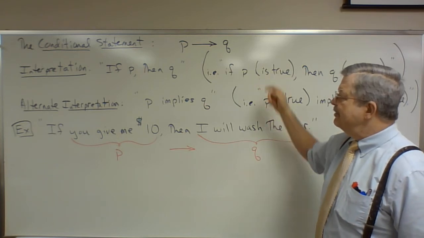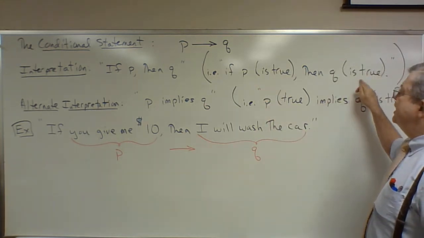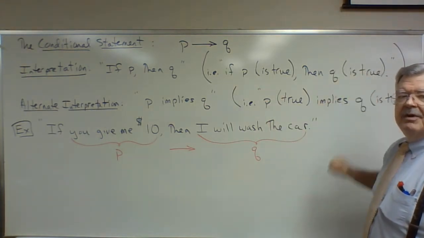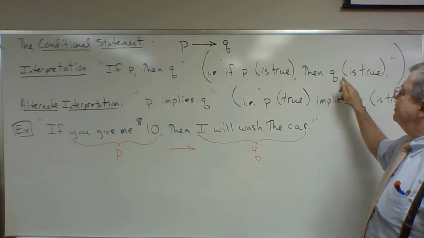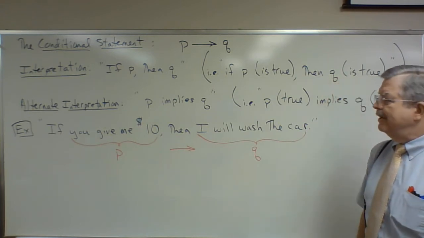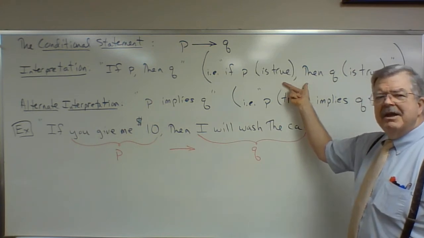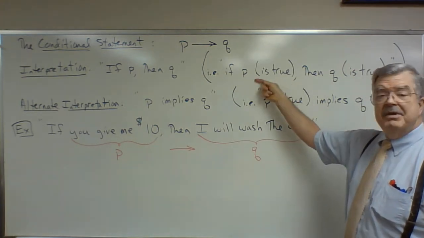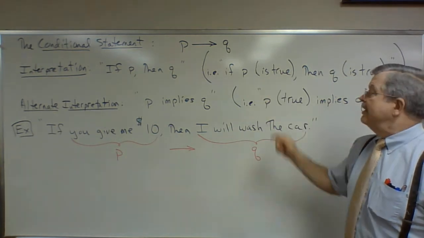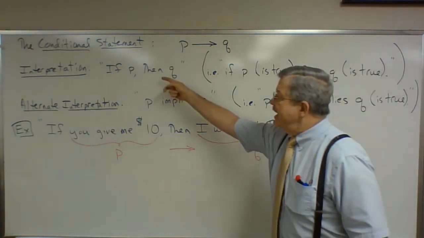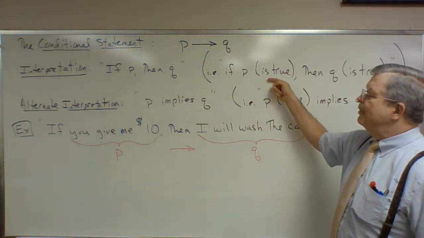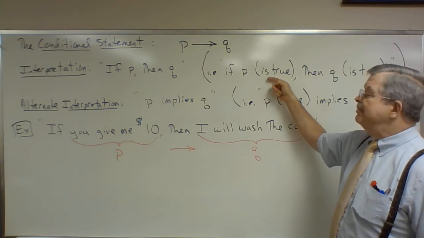If P is true, it's assumed that Q is going to be true also. No guarantees are made in the situation where P is not true. The conditional statement just explains what will be the case if P is true.